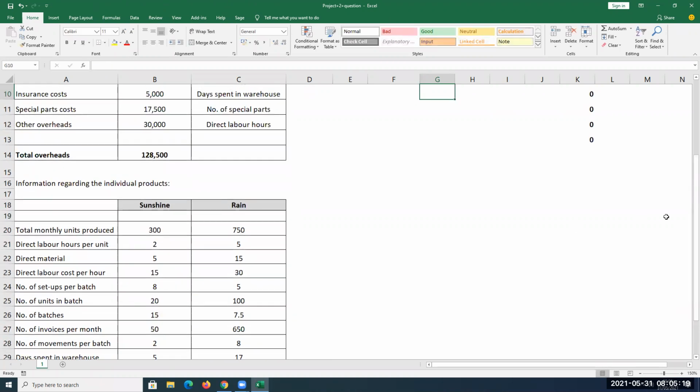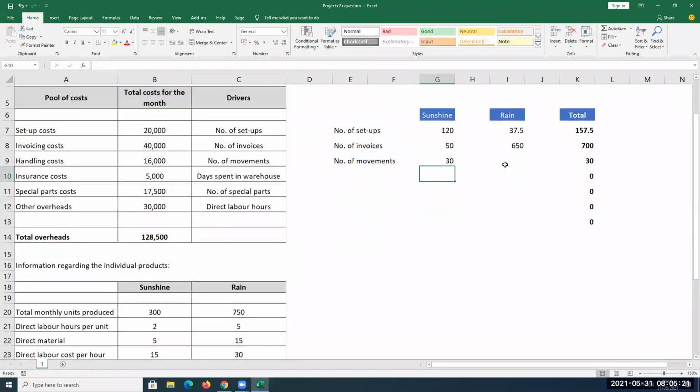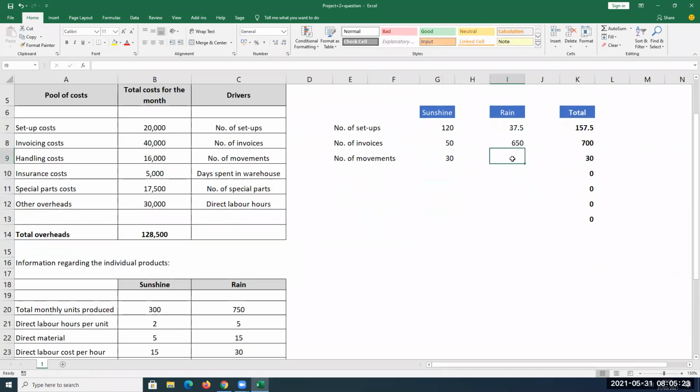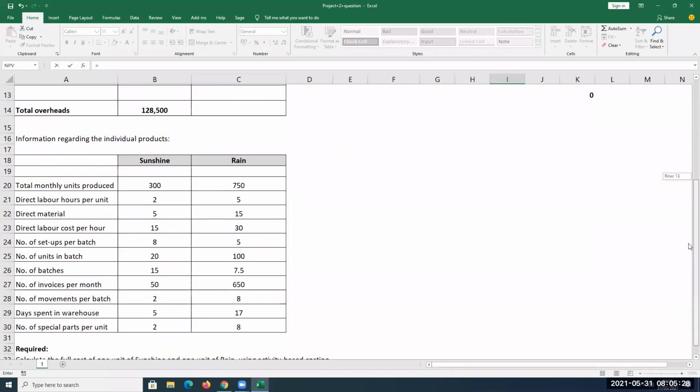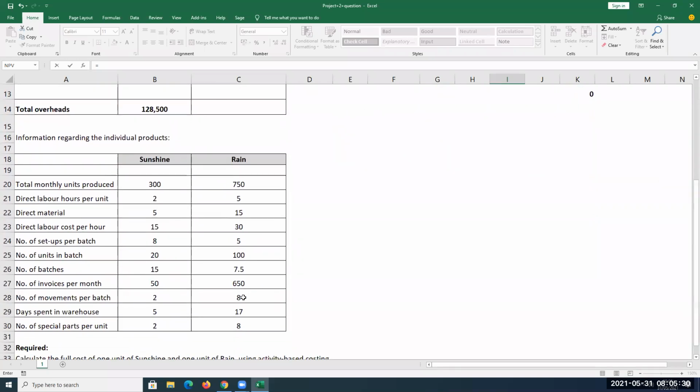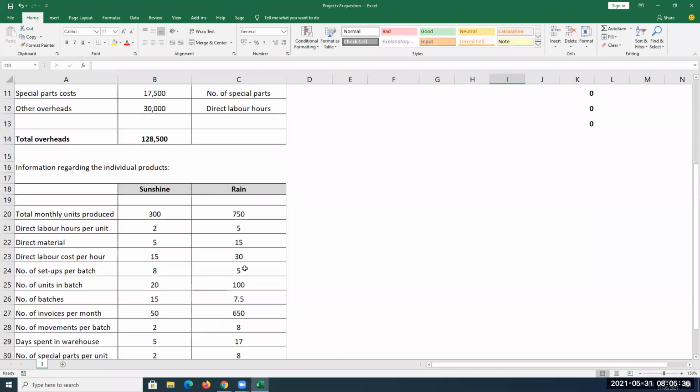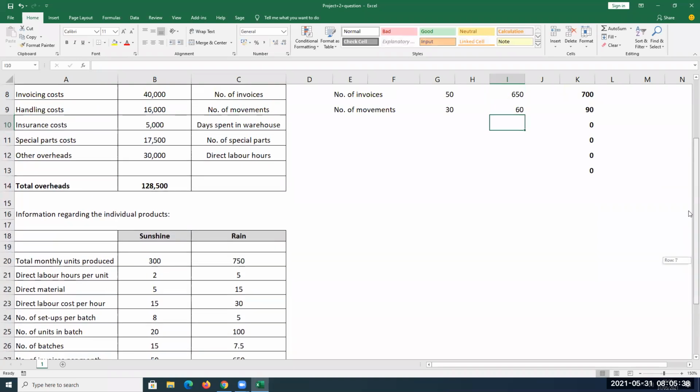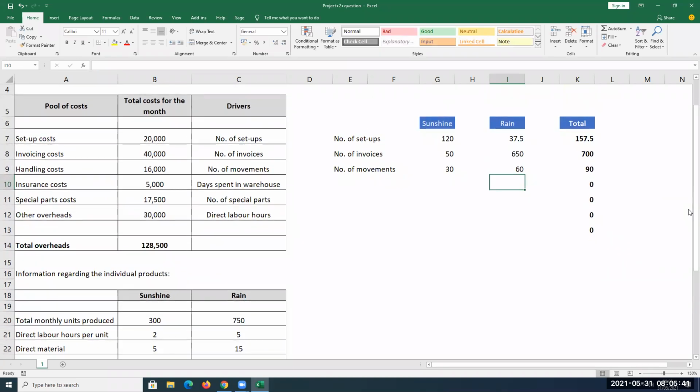So the total number of movements is 30. Same for the Rain product. Number of movements per batch is 8, multiplied by how many batches we are running, 7.5. So 60 is the total number of movements for the second product. So the total is 90.